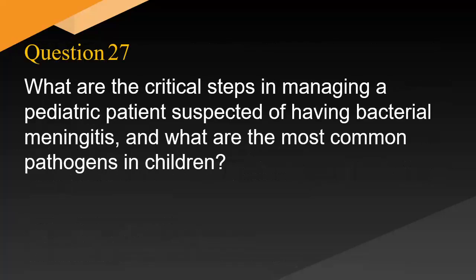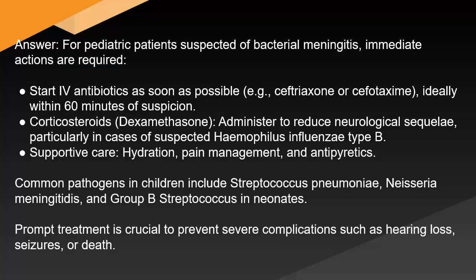What are the critical steps in managing a pediatric patient suspected of having bacterial meningitis, and what are the most common pathogens in children? Answer: For pediatric patients suspected of bacterial meningitis, immediate actions are required. Start IV antibiotics as soon as possible, e.g. ceftriaxone or cefotaxime, ideally within 60 minutes of suspicion.